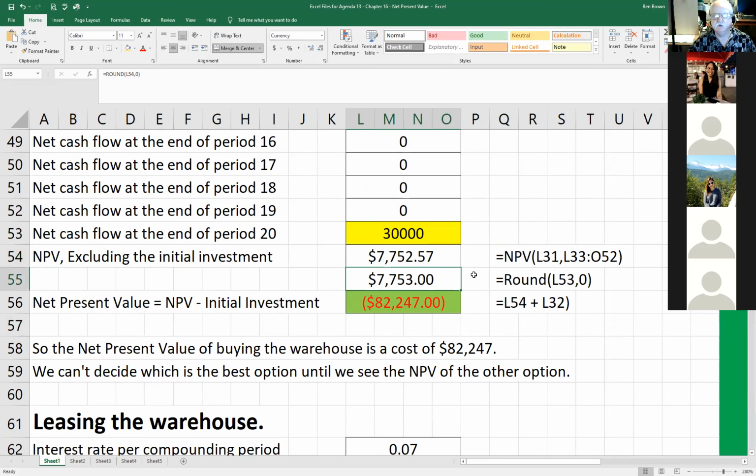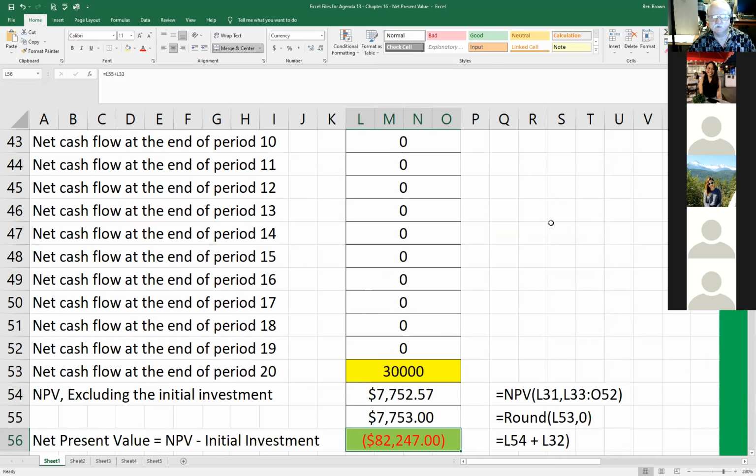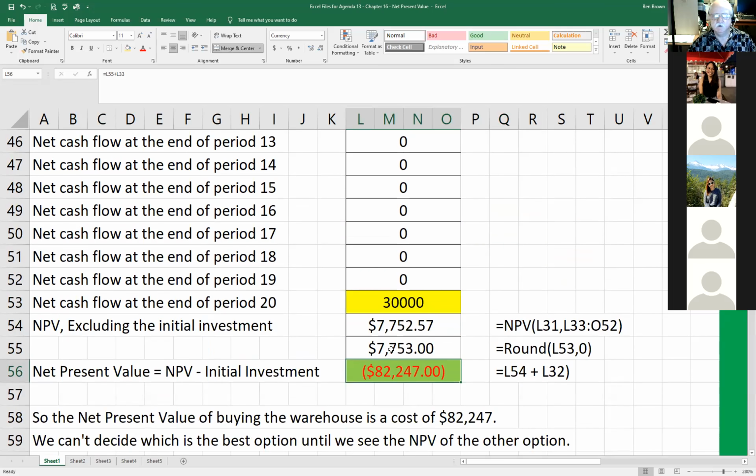We've rounded it to 7,753. And then we've taken the 90,000, which we had to pay today, minus the amount we're getting back in terms of today. And we find out the entire cost of buying the warehouse is about $82,247.